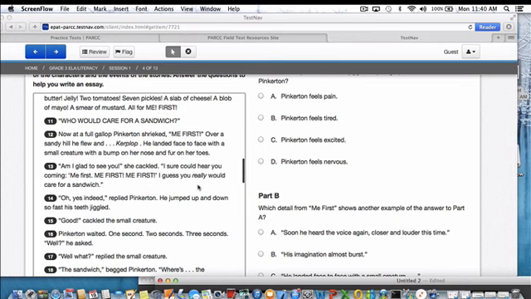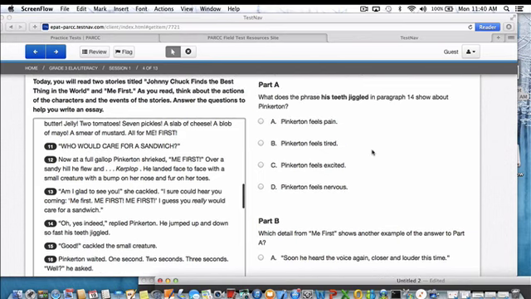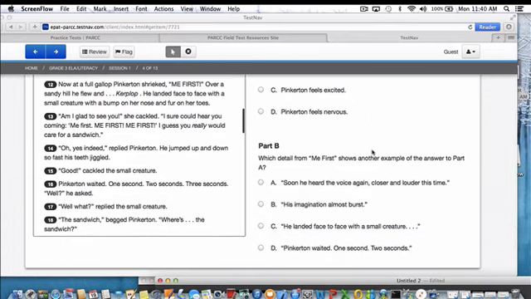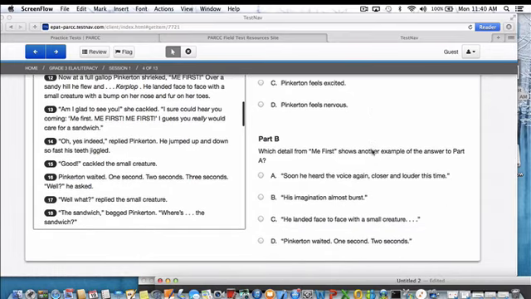And so we know Pinkerton is excited because his teeth are jiggling, and we also know he is excited because, B, his imagination almost burst when he's just thinking of what sandwich he's going to be getting, and he's going to get it first.